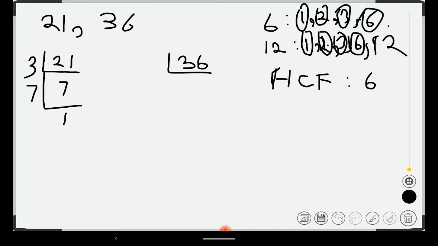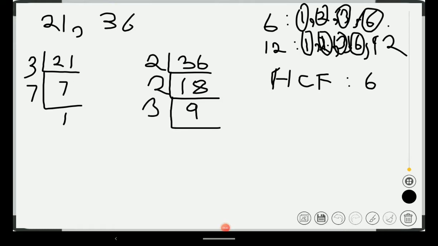Now 36. First I have seen that it is divisible by 2. 2 1s are 2, 2 18s are 36. So it is divisible by 2. Then again it is divisible by 2. So it is 9. Now it is divisible by 3. 3 3s are 9. Now it is again divisible by 3. 3 1s are 3.